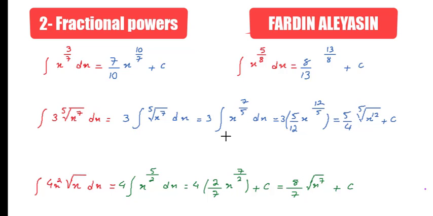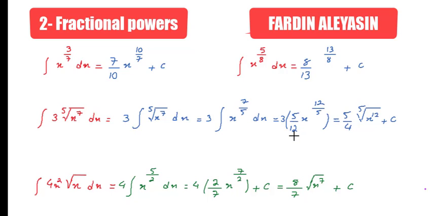All of you know we can rewrite it with fractional power 7 over 5. 7 is the top, and 5 is the denominator, the root. For integrating, I add 1 to my power: 7/5 plus 5/5 gives me 12/5 after taking a common denominator.